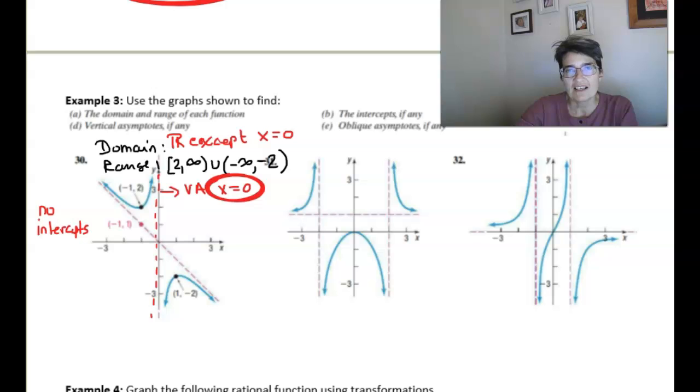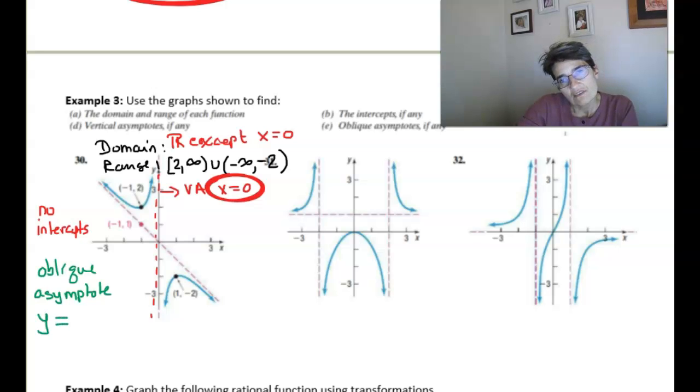All right. I see a vertical asymptote at x equals 0. I don't see any horizontal asymptotes. I see an oblique asymptote here. Okay, so there's an oblique asymptote at that line.